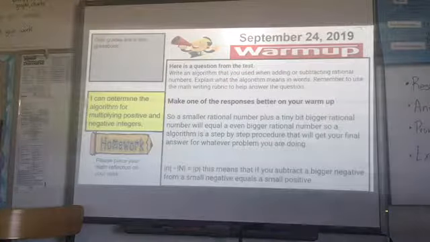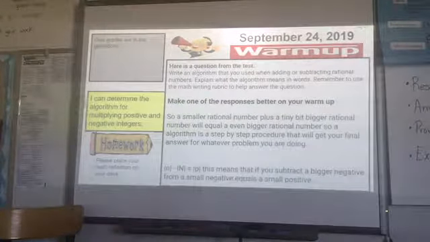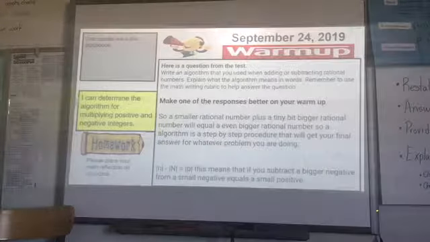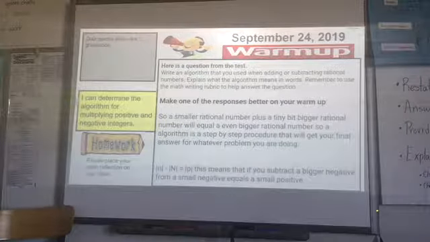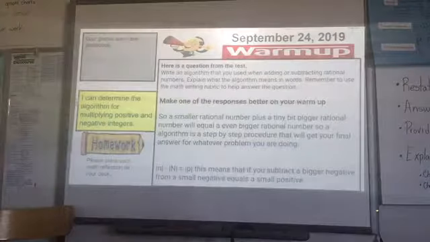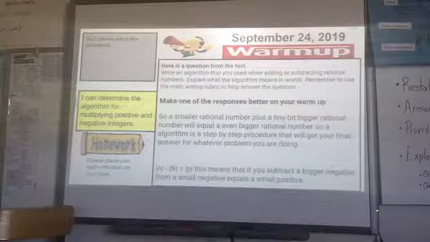Okay. It's in the yellow. An algorithm I use when adding or subtracting a rational number is. Yeah, I love it. Jillian was using the rubric.